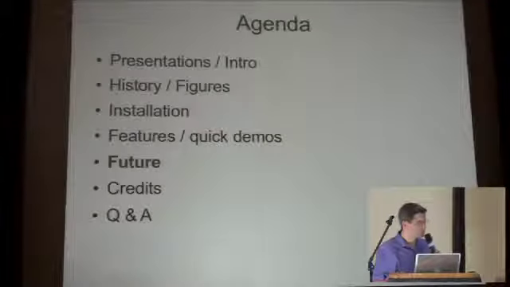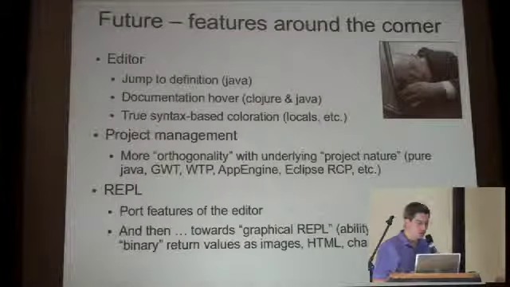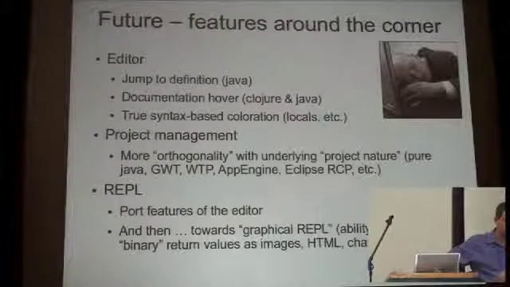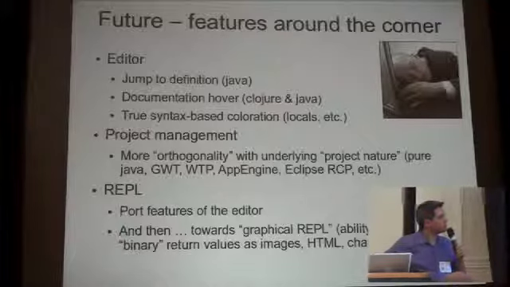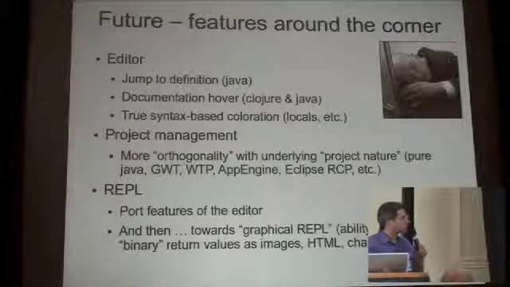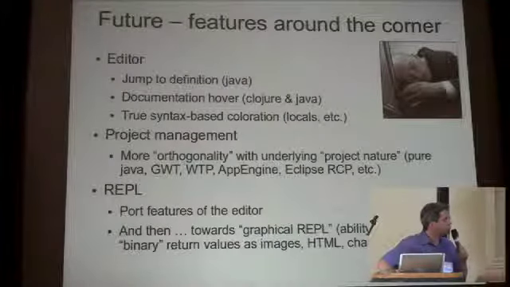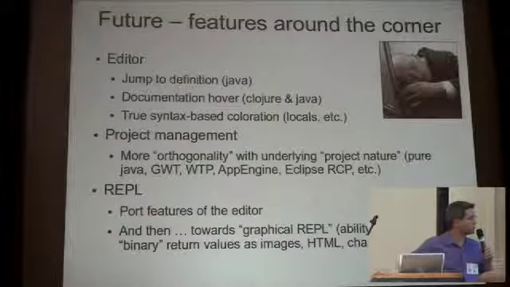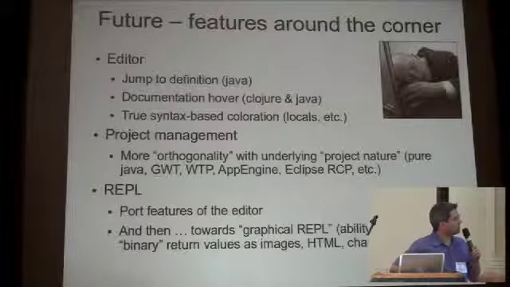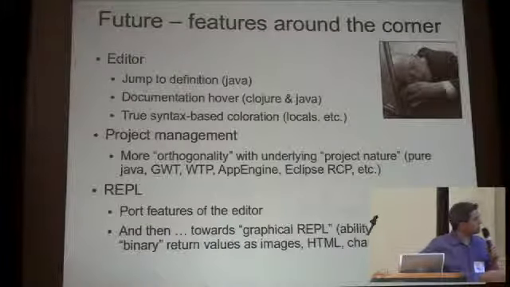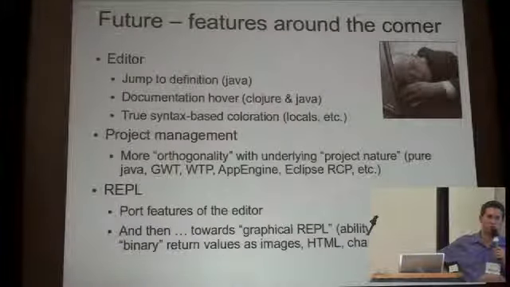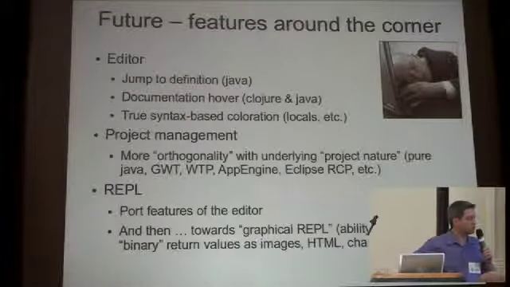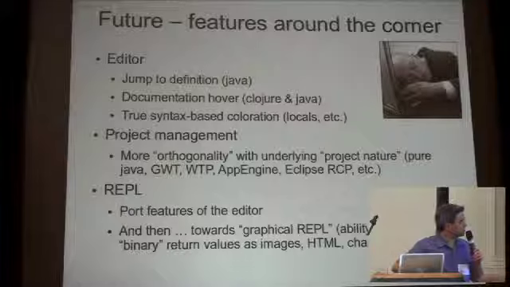So, let's talk about the future. There are some things I'm currently working on, by night. The editor will quickly have jump to definition for Java, documentation hover, both Java and Clojure, hopefully, and sometimes true syntax-based coloration, especially for locals, so that you know whether you're overriding some global or not when you're writing.